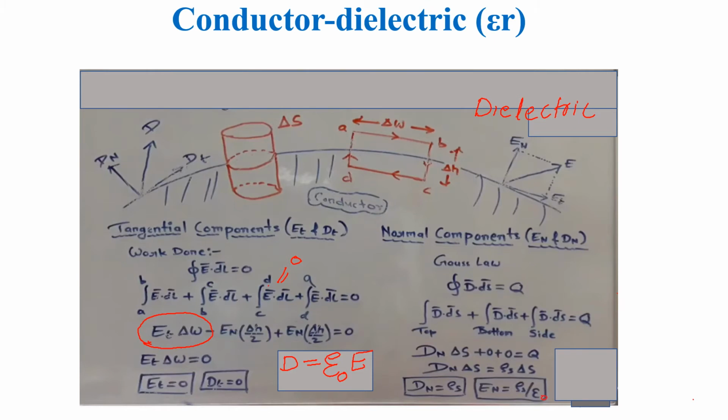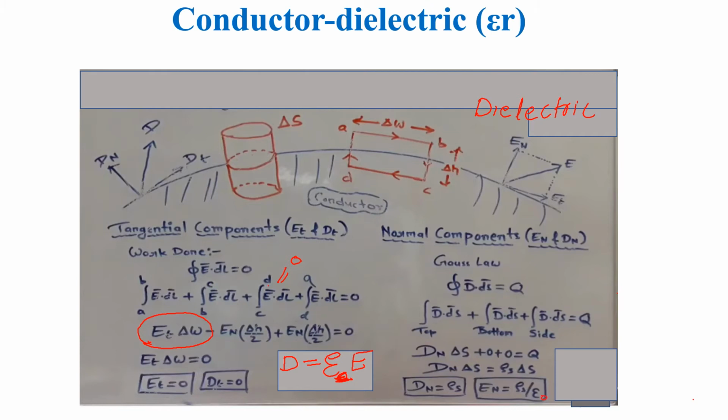But here we have to consider D equal to epsilon E, not epsilon 0 E. So using that concept, if E tangential equal to 0, then D tangential also gives 0. The same boundary conditions that we derived for conductor free space for tangential component hold here also the same.